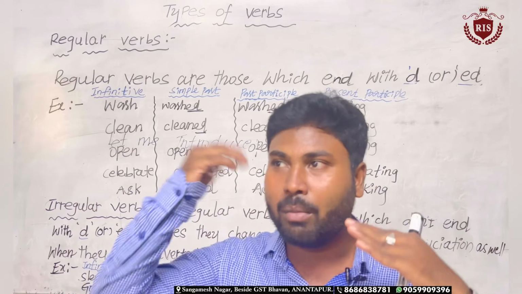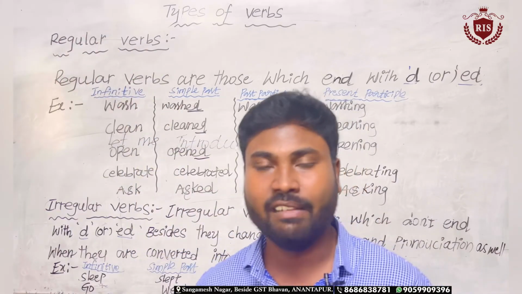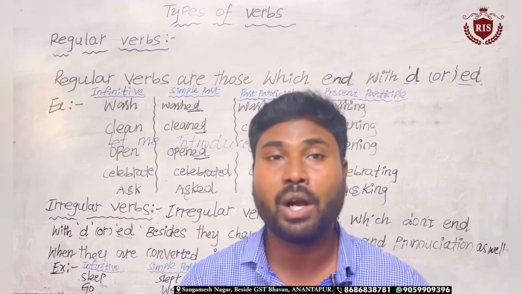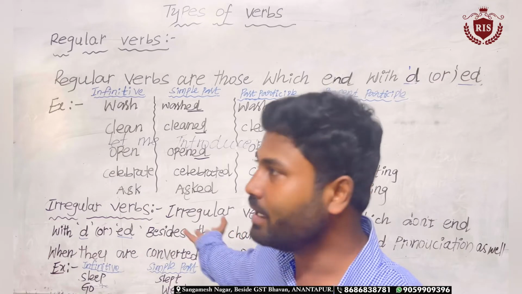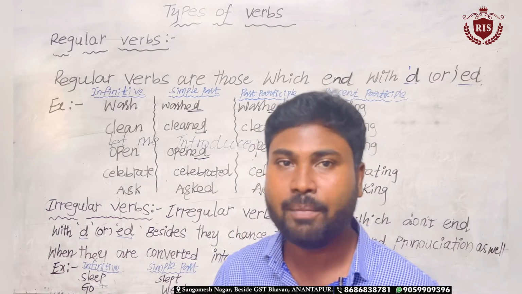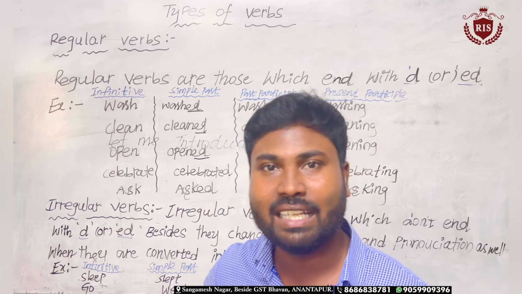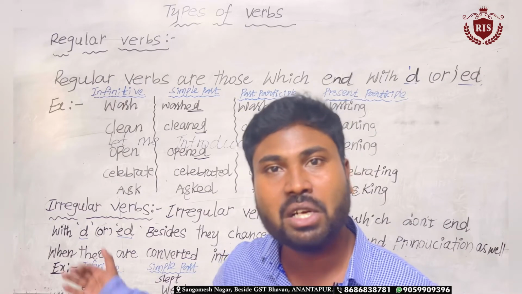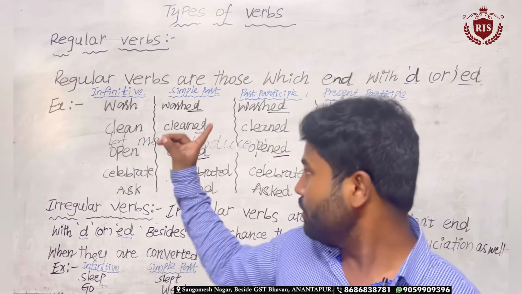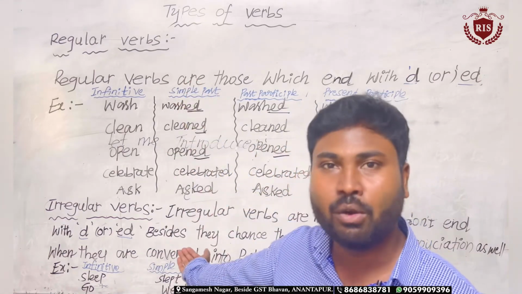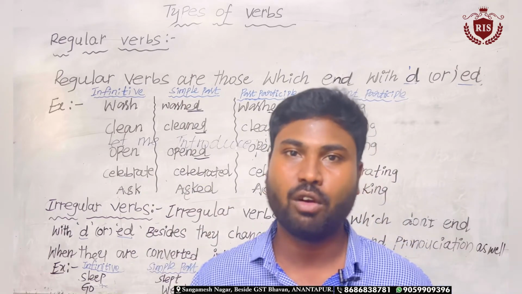Once you imagine what you do right from the morning till evening, the entire day, take only those verbs and write under regular verbs which end with d or ed, and the verbs which do not end with d or ed and they change the spelling and the pronunciation, write them under irregular verbs. Okay, this is the homework.